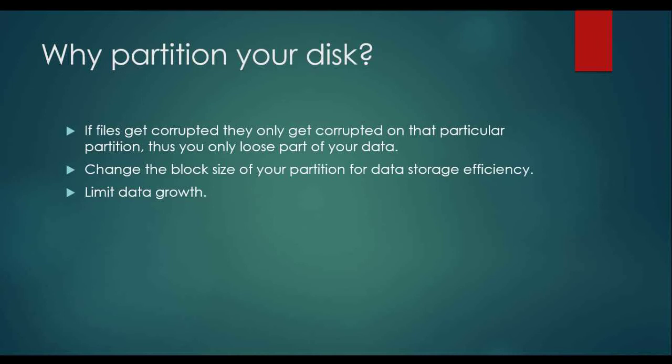It wouldn't spread to any of the other parts of the disk, and thus you can set up a backup system with it, since each partition can be recognized as a drive with its own drive letter. That way, if you do get corruption on one partition, it does not affect any of the other partitions.